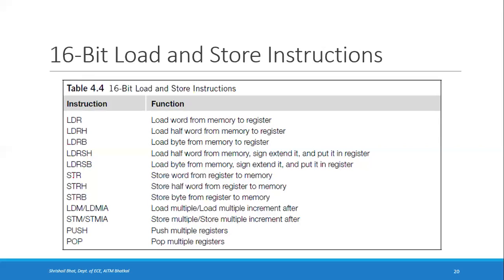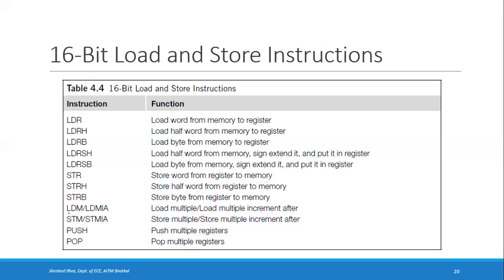Coming to store, STR is the store from register to memory. Okay, to store from register to memory, we use the STR instruction. Then STRH is to store half word from register into memory. STRB to store byte from register into memory. So apart from just normal store and load for byte, word or half word, you can do it for multiple bytes.